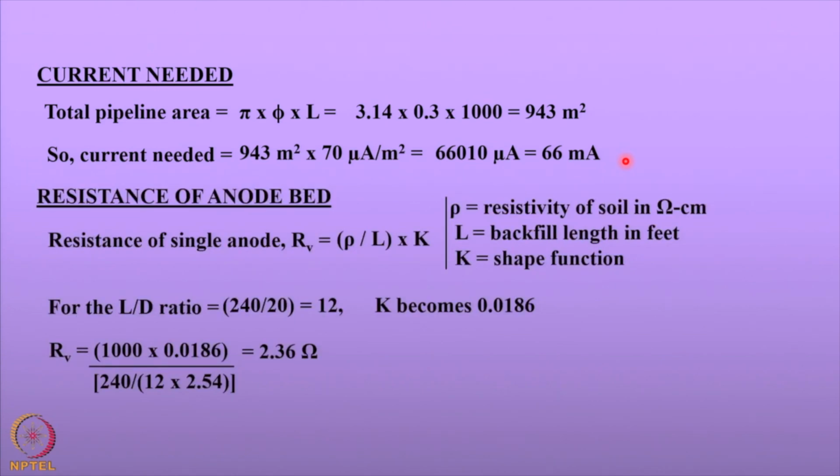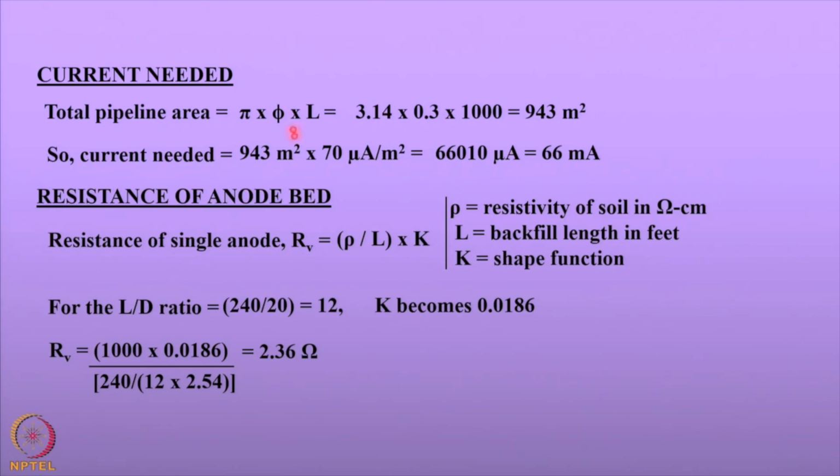Now, once we know the current, then we need to look at the resistance offered by the anode bed. We follow the same example as the previous problem. We determine the resistance offered by a single anode. From there we compute the resistance offered by the ground bed consisting of multiple anodes.